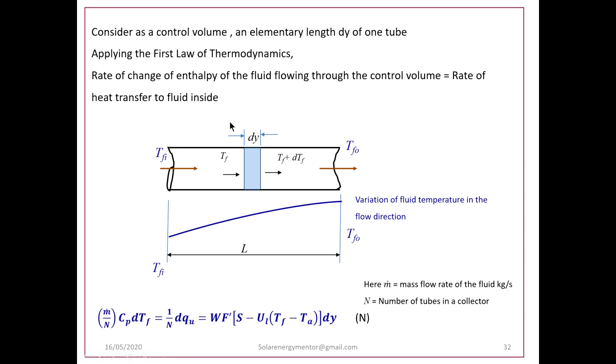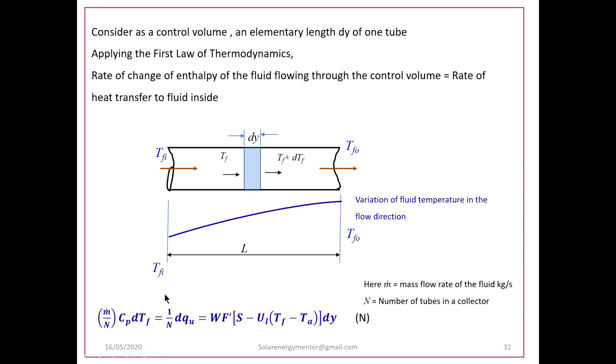As the plate and tube assembly receives heat over its length, the temperature of the fluid goes on increasing as it flows from this point to this point. This is the temperature distribution of the fluid flowing through the tube in the flow direction.